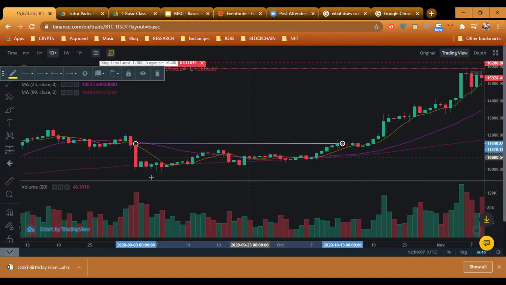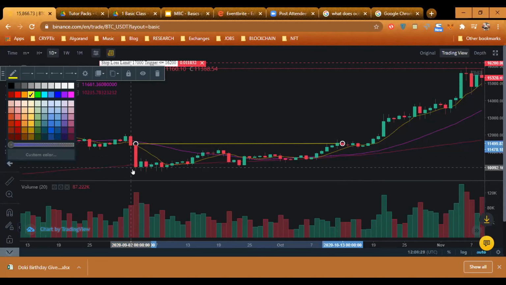Okay, so at this part that we're drawing, Bitcoin was at 11,521. You look at it here. Usually, when you draw the line, it just shows you the price. So this is a resistance level, and then let's draw another support line.